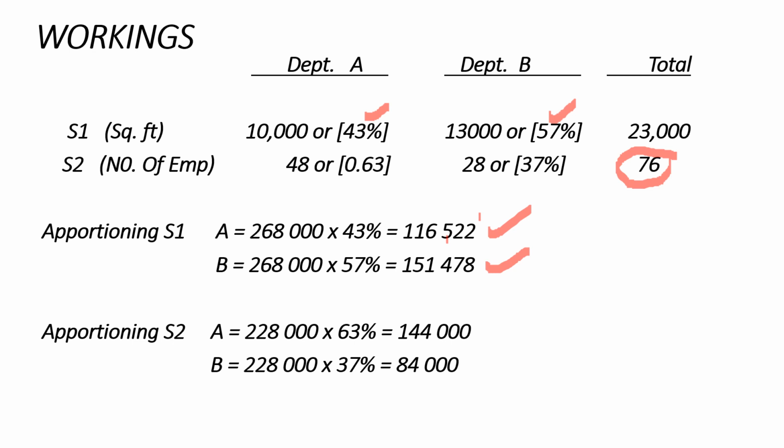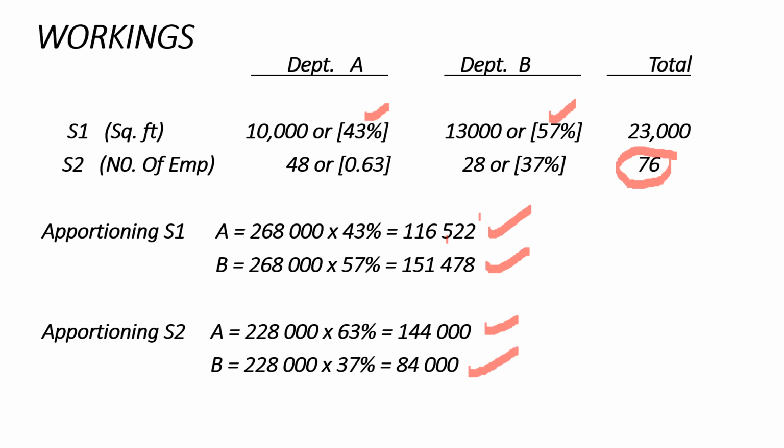In apportioning S2, the other service department that has $228,000 in overhead costs, we will use the figures we worked out here, 63% and 37%, and we'll get 144,000 for Department A and 84,000 for Department B.